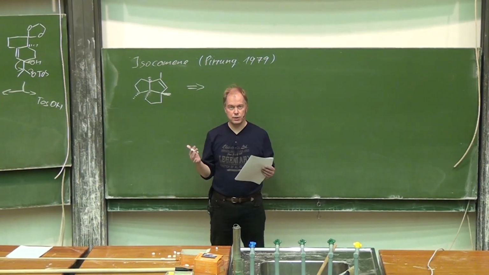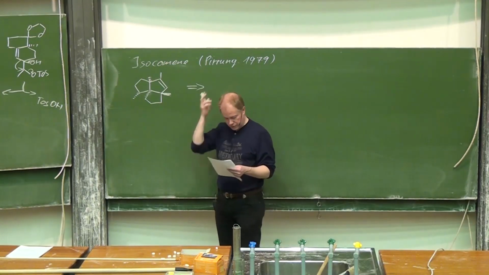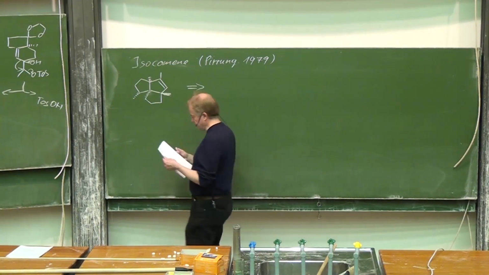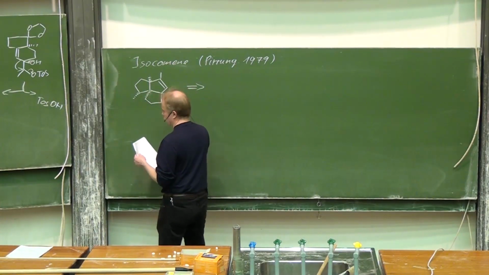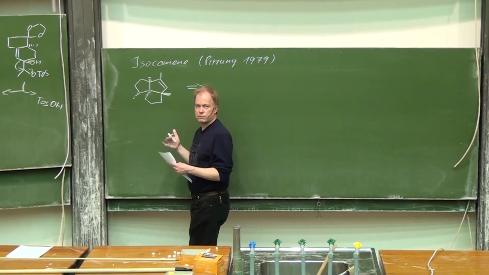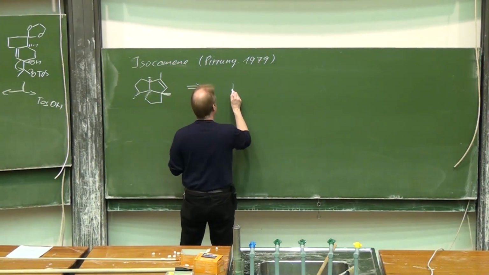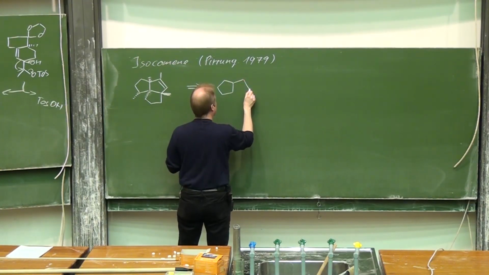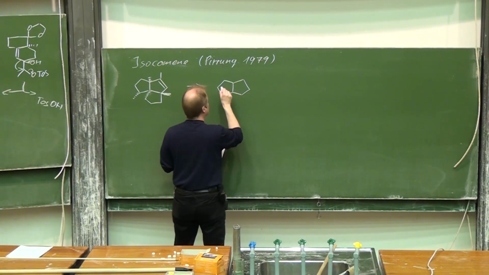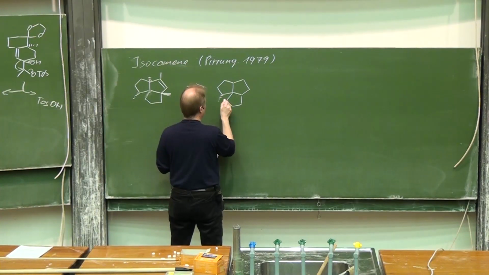Again, pinacolone rearrangement type processes. Okay, let's see. Or not pinacolone, just Meerwein rearrangement in this case. So, basic idea is we have two annulated 5-membered rings. There is another one here.